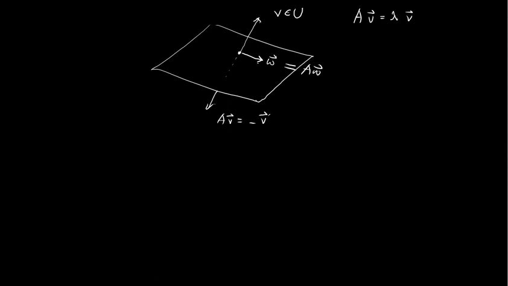Whenever this happens, we call this vector an eigenvector, and we call this lambda the eigenvalue.